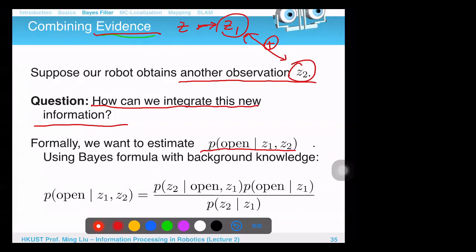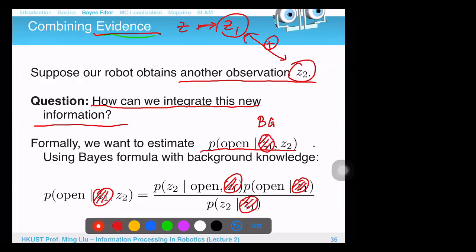From the review lecture last week, we understand Z1 as the background knowledge. If you know this is the background knowledge, you can ignore that first for a moment. We typically write out the equation to compute P(open | Z2), because Z1 is the background knowledge.